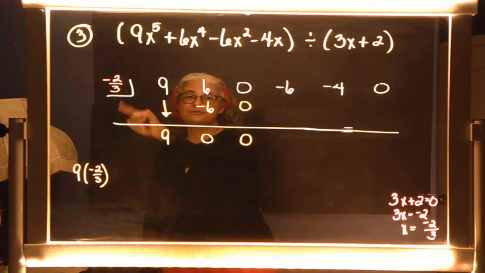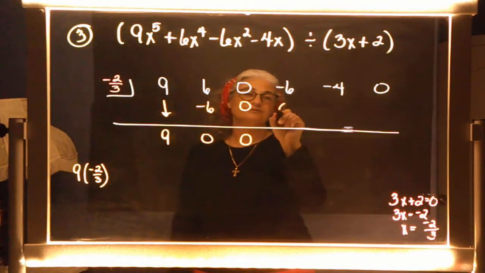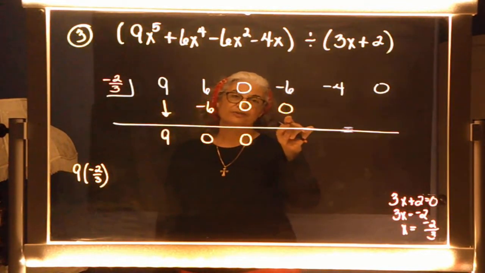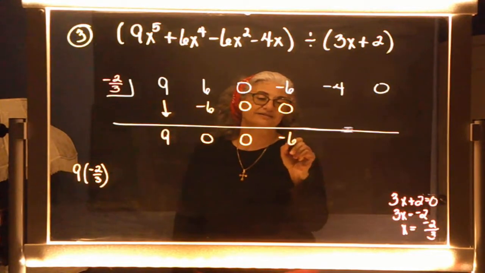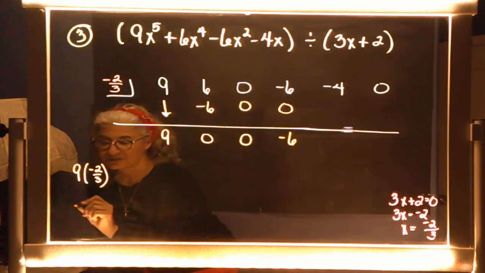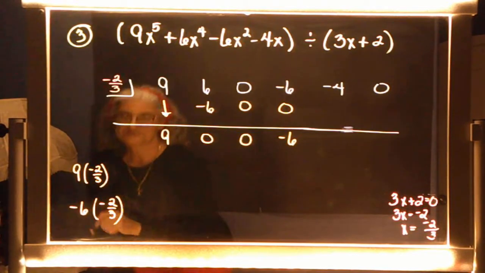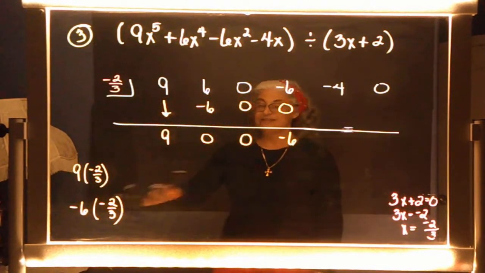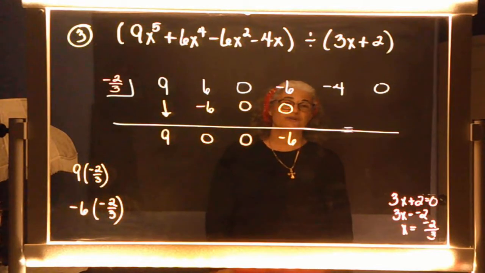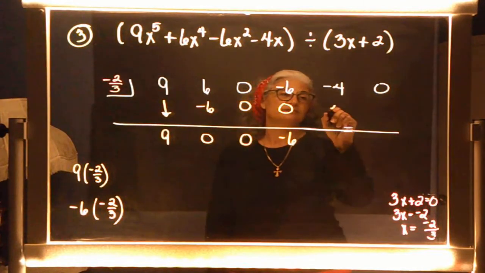0 times negative 2/3? 0. Negative 6 plus 0? Negative 6. And now you got to do negative 6 times negative 2/3, don't you? Okay, you guys stay off the calculators. You guys multiply those fractions. Yeah, that's positive 12 over 3, which is what? 4.